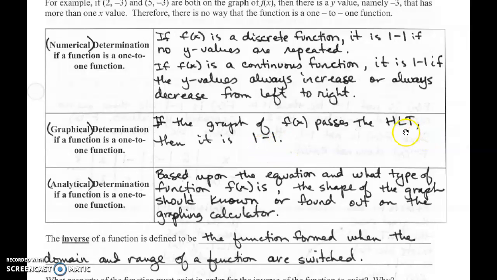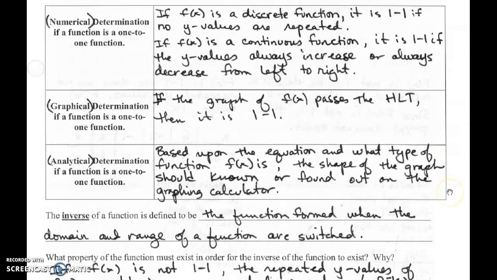So again, graphical is passing the horizontal line test. So I'm going to stop right here, let you pause and write down anything you want before I scroll down to talk about the inverse. By the way, if you look at the graph of an analytical with a graphing calculator, whether you use Desmos or an actual graphing calculator, you can see if it passes the horizontal line test that way.